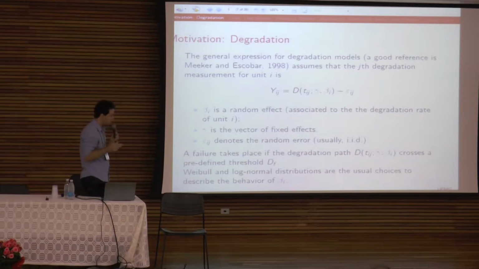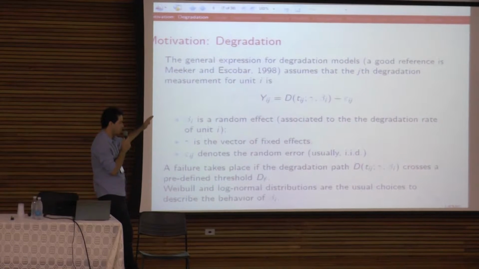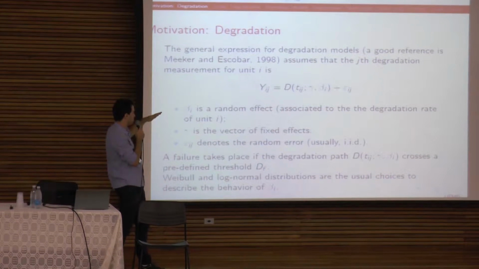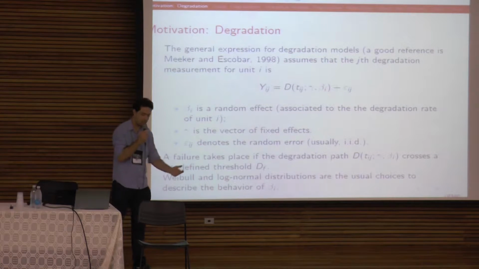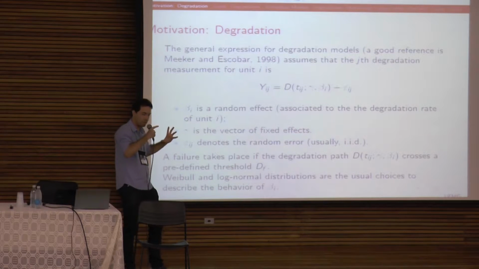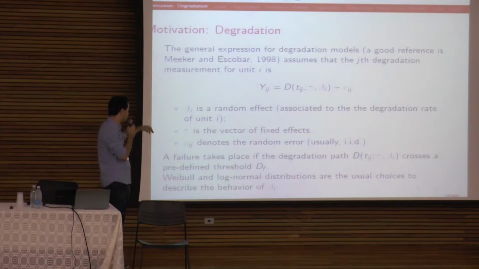as I showed before in the model, in the paths of the degradation of the train wheel data, we will neglect this gamma part of the model because all the wheels start with 0 degradation, so we won't have to estimate this gamma fixed effect.